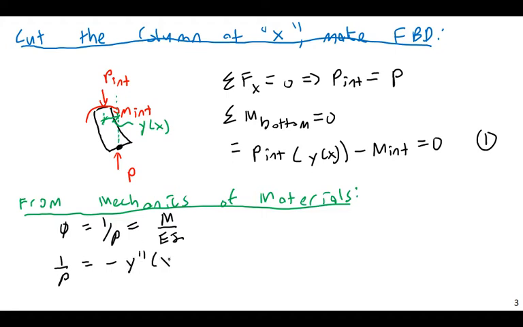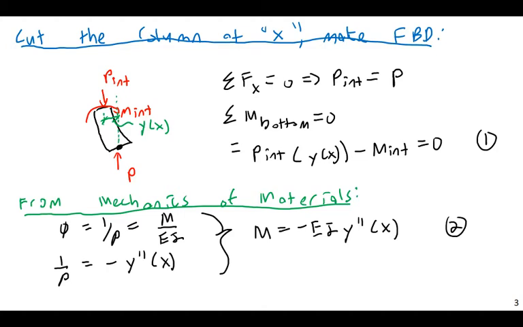These are just equations from mechanics of materials. I can combine all these together and say that M is equal to negative EI y double prime of x. These are just things from the deflection derivations in mechanics of materials, and this is maybe equation 2 here.